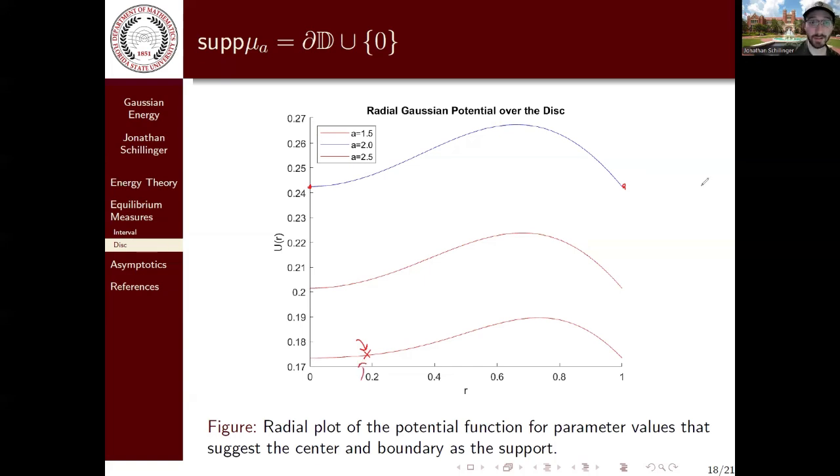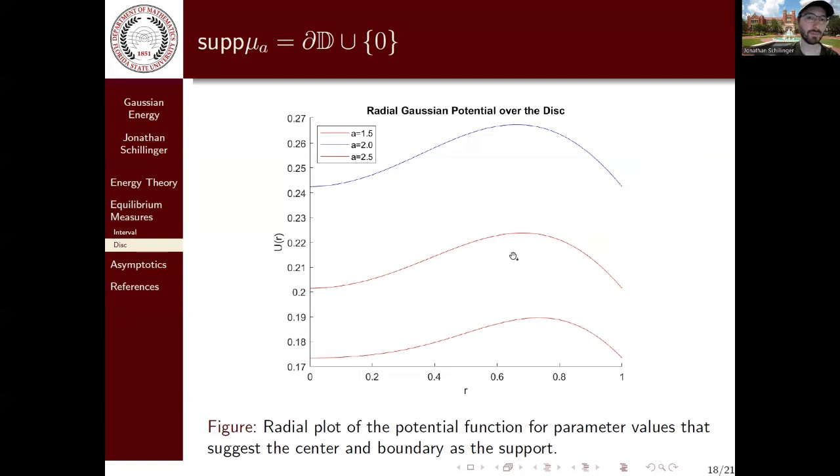So what this implies for the Gaussian kernel over the disk is that as A increases, you will be supported on a family of concentric circles. The number of these circles will increase as A grows, and eventually they will fill out the disk. Eventually the minimal measure over the disk will converge to, again, the normalized uniform measure over the disk, so Lebesgue measure over pi r squared. Now, you're working over the unit disk, but this is the same thing no matter what radius disk you're looking at.